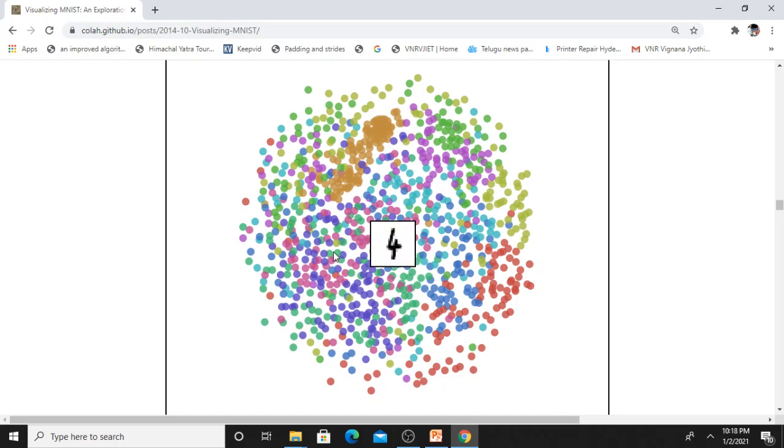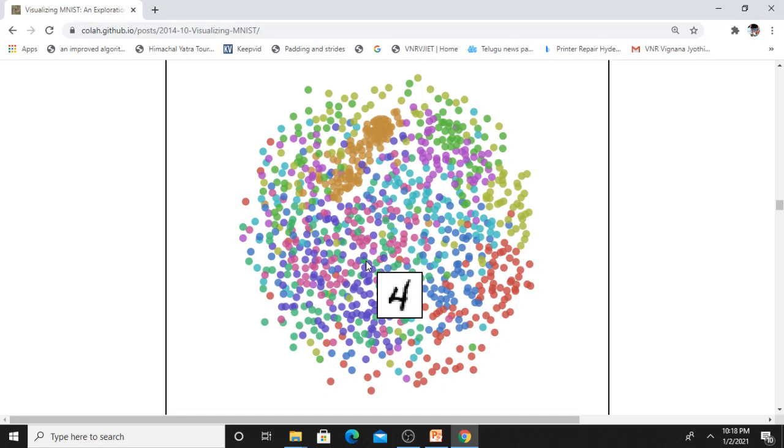We will try to understand the t-SNE technique. Christopher Olah has created a beautiful output. I think he used JavaScript. But as I told you, I will discuss this particular output in a detailed manner.